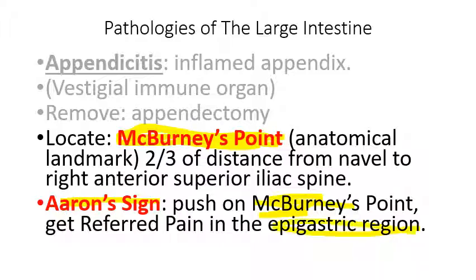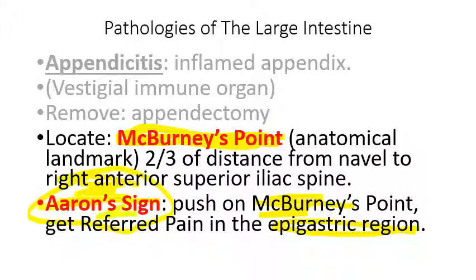Epigastric, of course, means the area right above your stomach, sort of below the xiphoid process of the sternum. So you kind of feel pain in your solar plexus. If you push on McBurney's point, that's referred pain that's coming from the appendix, and that's referred to as Aaron's sign. Right? Aaron's sign, very important.